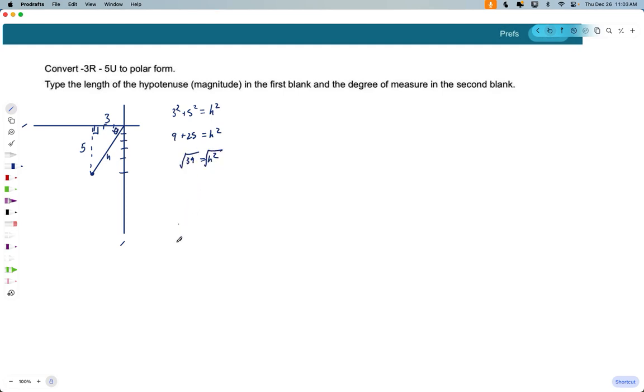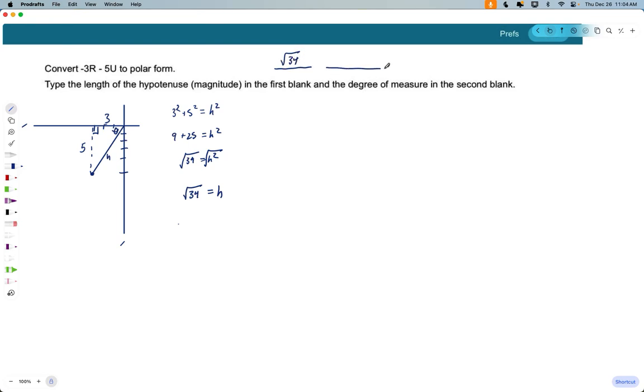We know it's positive because a length cannot be negative. So the positive square root of 34 is equal to h. We don't have to simplify that. We can leave it just like it is. Okay, so this would be the hypotenuse that you would type into that first blank, square root of 34.